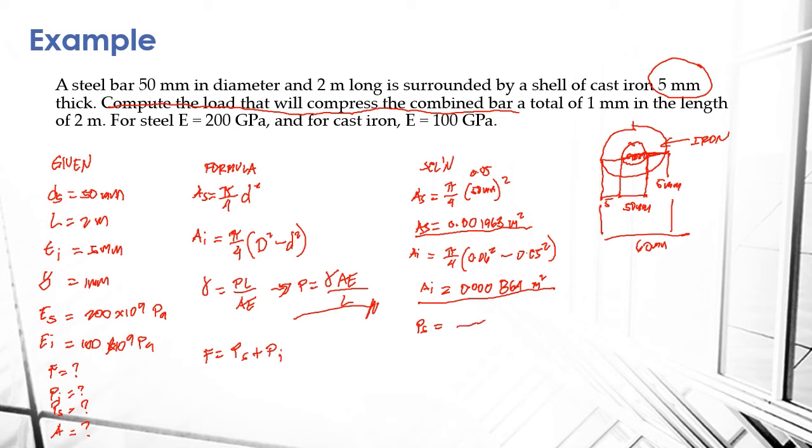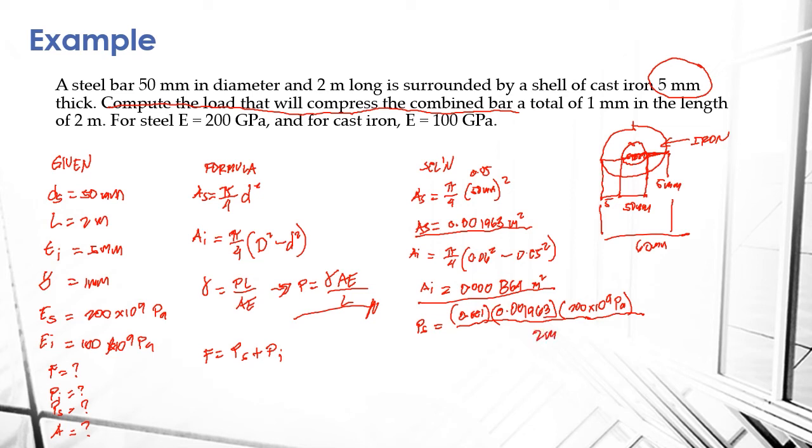The elongation is the same for both, right? 1 mm, so 0.001, times the area of the steel, 0.001963, times the modulus of elasticity of steel, 200 times 10 raised to 9 Pascal, all over the length, which is 2 meters.